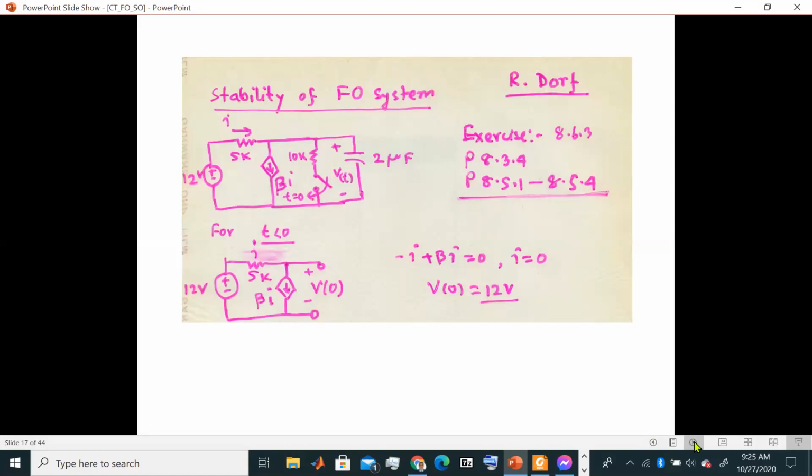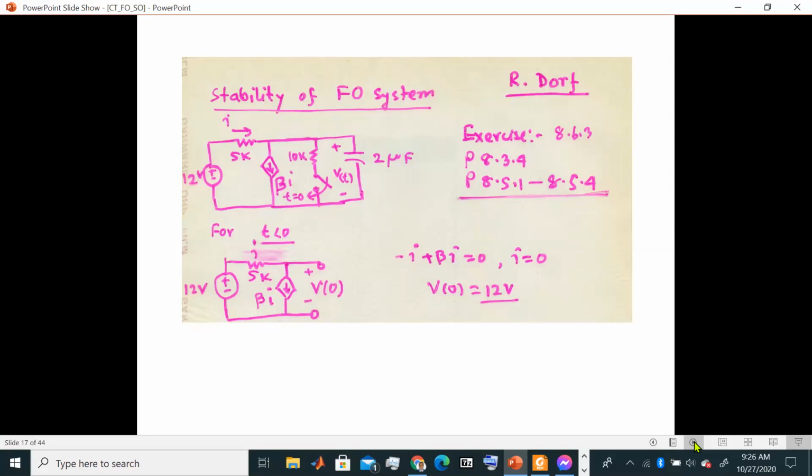For your RL configuration, it is L by RTH. For RC configuration, it is RTH. And we have said that if we have a passive system, there is no possibility that the time constant can go negative. L and C cannot go negative. There exists a possibility that the Thevenin equivalent resistance or Norton equivalent resistance can go negative if your system contains some dependent sources.